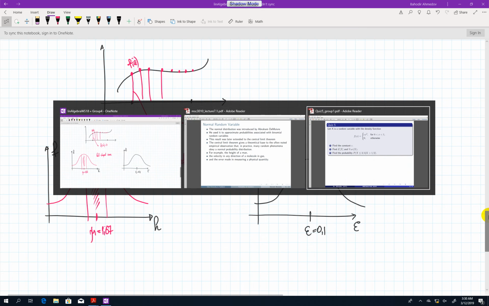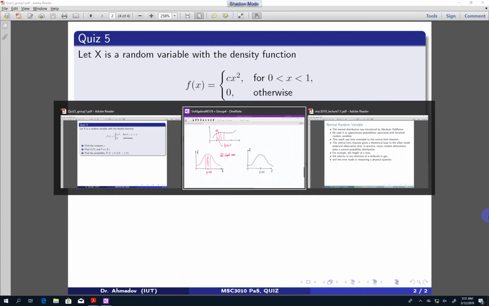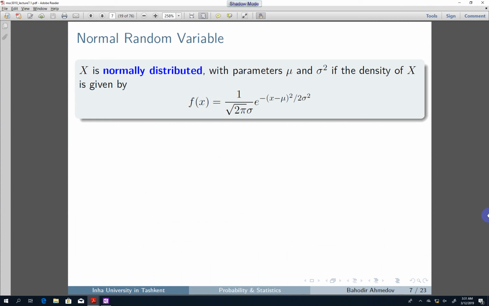Let us write down the density function. The random variable x is called normally distributed with parameters mu and sigma squared if the density of x is given by this formula. Sometimes we call this function a Gaussian function as well.